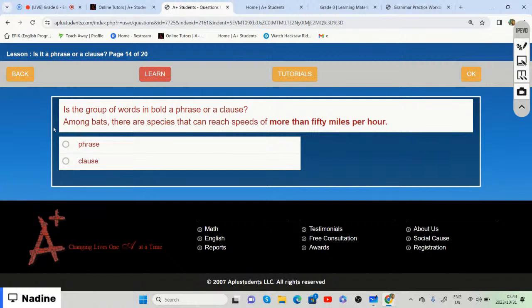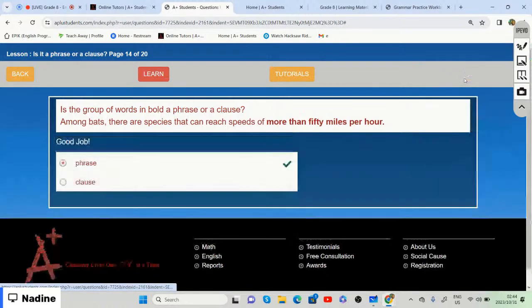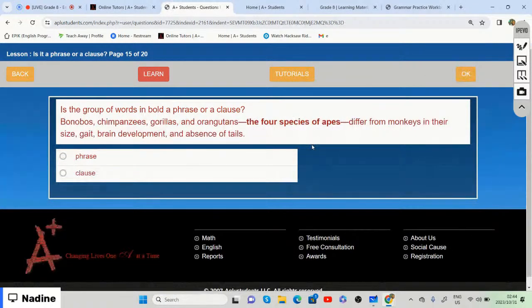So we can say that more than 50 miles per hour is a phrase.